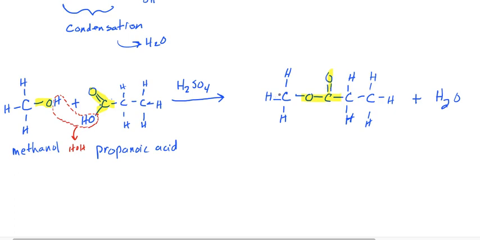All right, so now we just have to figure out how to name this thing. Here's our ester. This is our ester compound right here. So let's figure out the name for this.